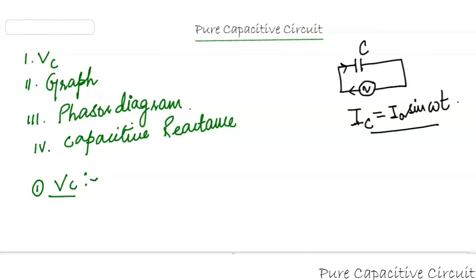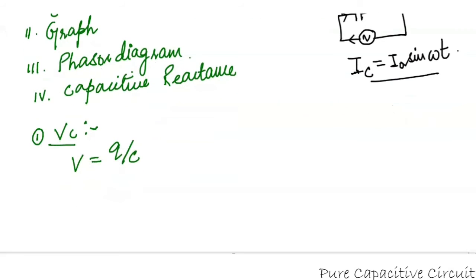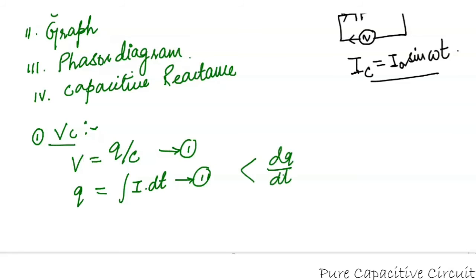In case of a capacitor, we know voltage V = Q/C. This is the first equation. Second is Q = ∫I dt. How does it come? We know dq, the rate of flow of charge, equals current, and from this dq integration equals the integration of I dt.